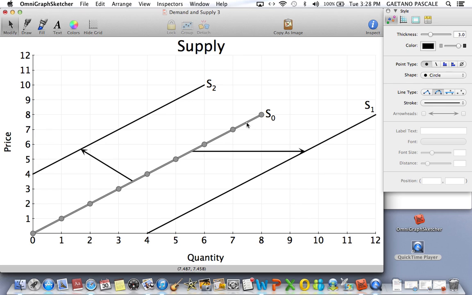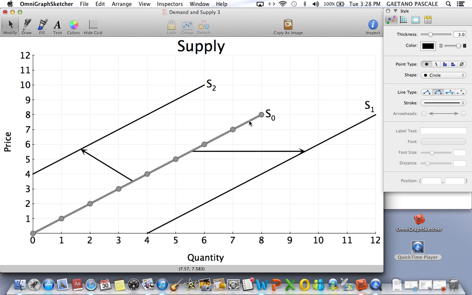If we see the opposite, if there's a decrease in wages that this company pays, the supply curve will shift to the right. If the cost of the capital it has to buy, the machinery, decreases, that will increase the supply.